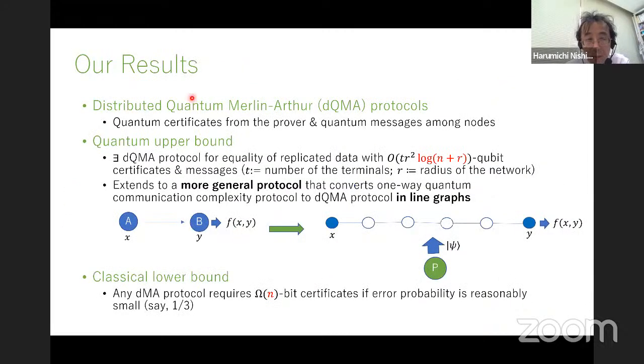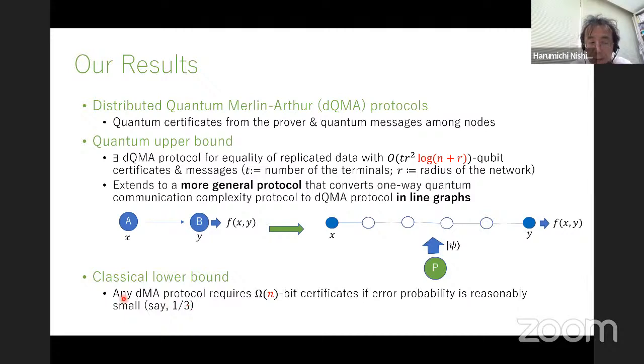Now I summarize our result. We introduced a quantum version of the distributed Merlin-Arthur protocol, where the certificate from the prover is quantum and the messages among nodes are quantum. We showed a protocol for equality of data with logarithmic-size qubit certificates and messages in terms of data size, but we have an extra parameter that depends on graph size.